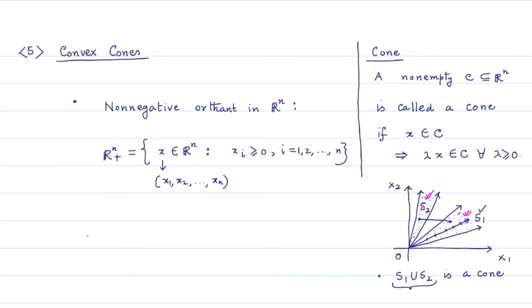The norm cone or the ice cream cone or the Lorentz cone, which is given by the set of all points (x, t) in Rn plus 1, where x is an element in Rn and t is a given real number, for which with respect to a given norm in Rn, norm x is less than equal to t, is a convex set.